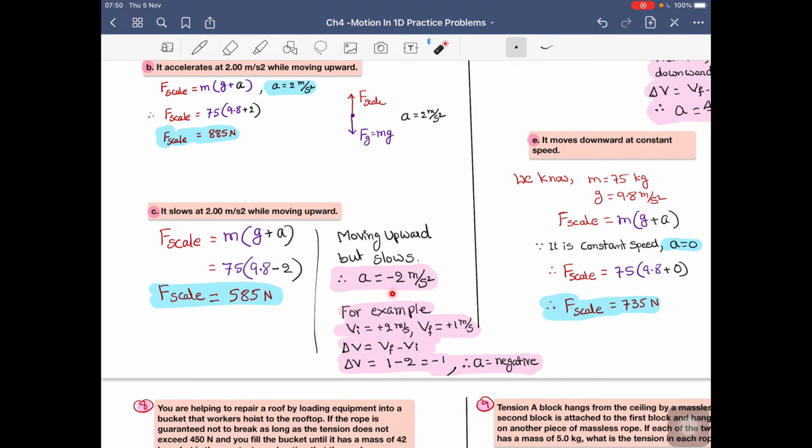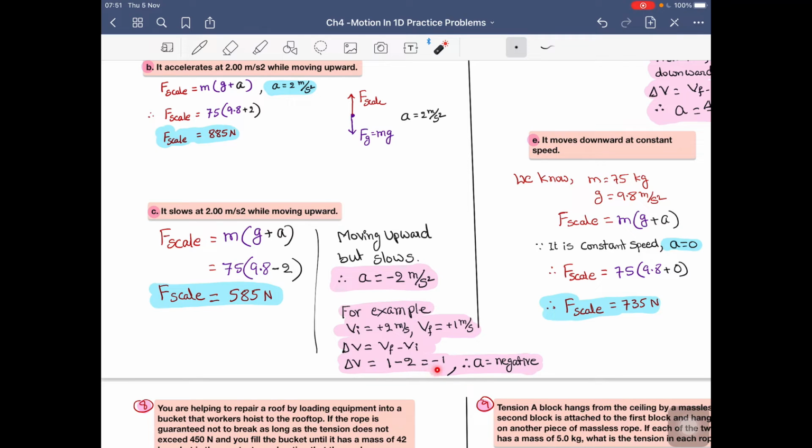But if you do not know, or if you're confused whether it's positive or negative, you can find it yourself. For example, take Vi equal to plus 2 meters per second, Vf final velocity 1 meter per second. That tells you the object is moving upward and is slowing down, so it satisfies the condition. Therefore, change in velocity is equal to Vf minus Vi.